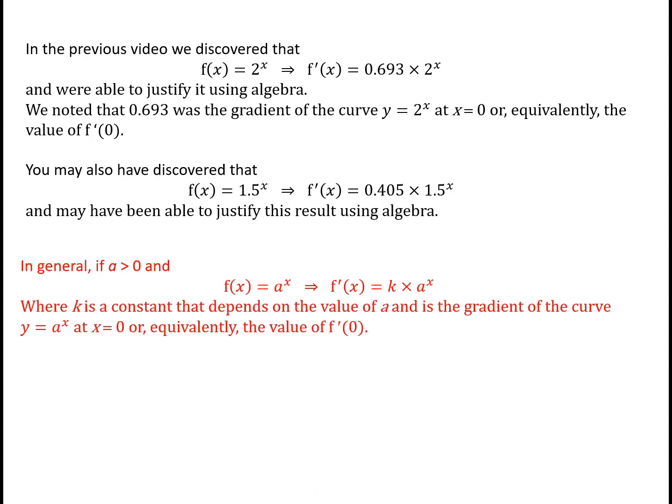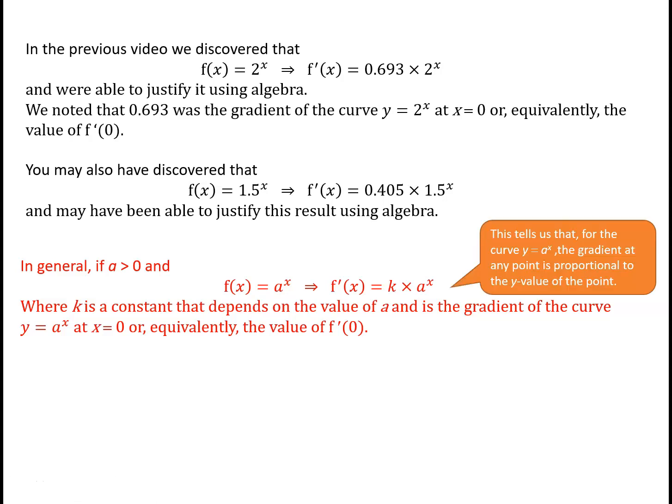In general, if a is a positive number and f of x equals a to the power x, then the derivative function, the gradient function f dash x, is equal to k times a to the power x, where k is a constant that depends on the value of a and represents the gradient of the curve y equals a to the x at the point where x equals 0, or equivalently, k represents the value of f dash 0.